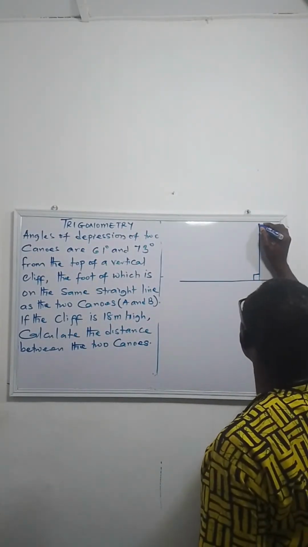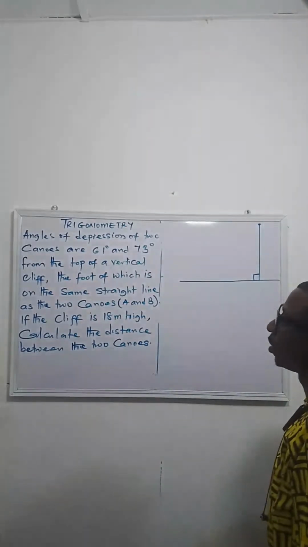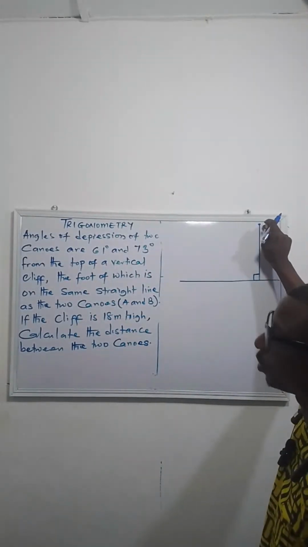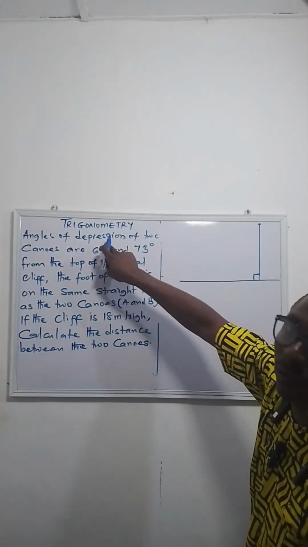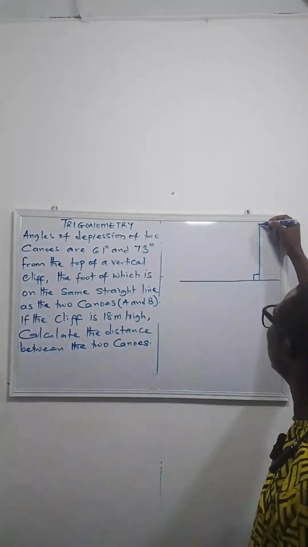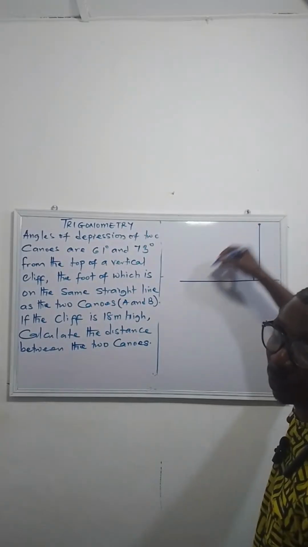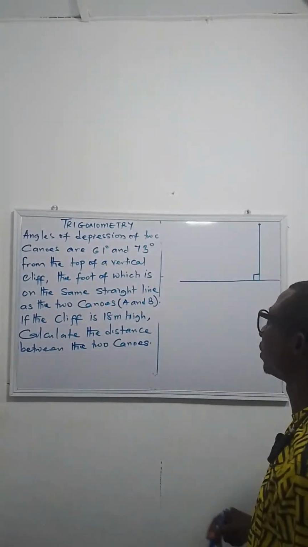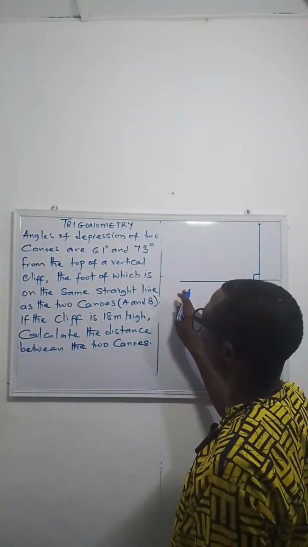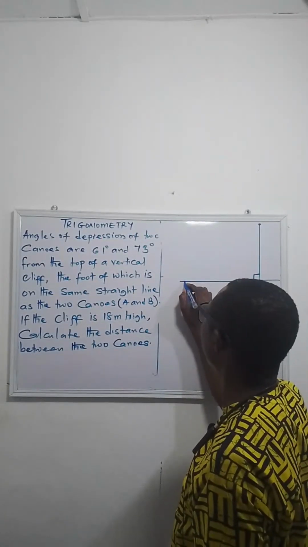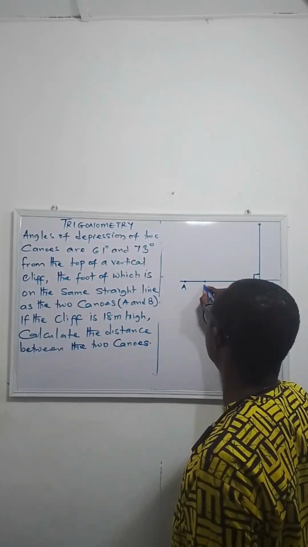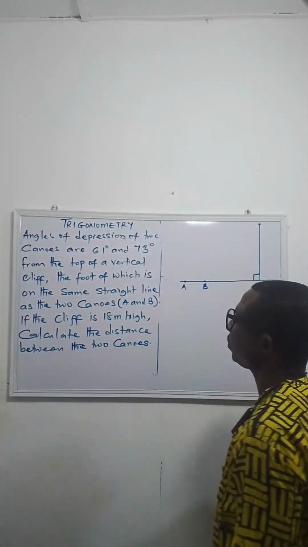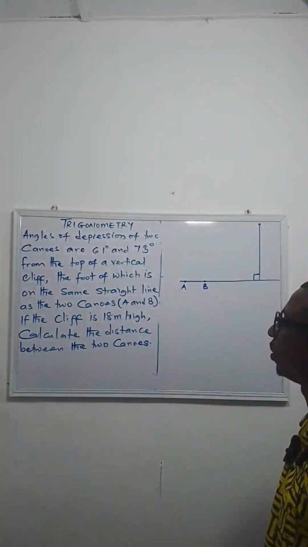This is the top of the cliff. We have the observer here at the top. Whenever they are talking about angle of depression, the observer will always be at the top, viewing something on the ground. So we have two points on the ground, point A and point B.